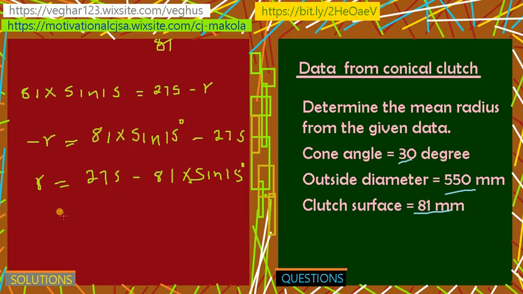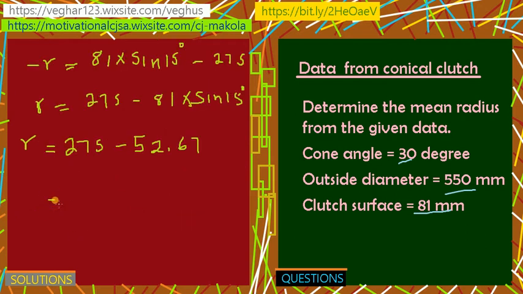Now solving for r, we have 275. Calculating this one gives 67, and from here we subtract this, and we'll have 2.32 millimeter.